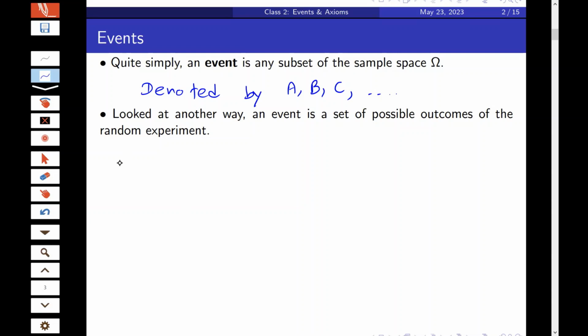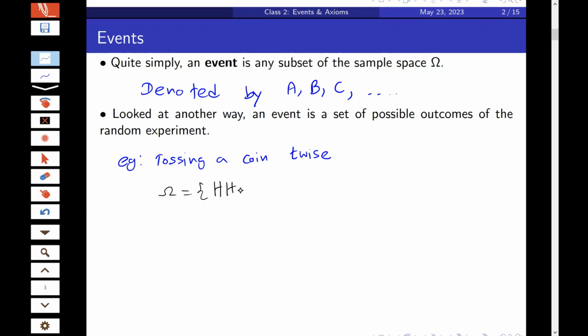Let's see a simple example. Suppose we are tossing a coin twice. Let's write down the sample space for this experiment.